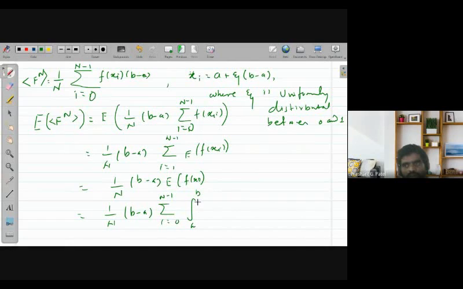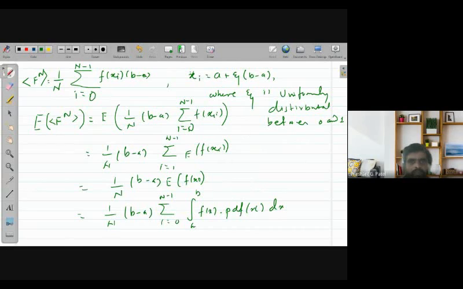The expectation of f of x is f of x into the PDF of x dx. That means whatever the probability distribution function is. But the probability distribution function is 1 for this. That's why it is integration from a to b.